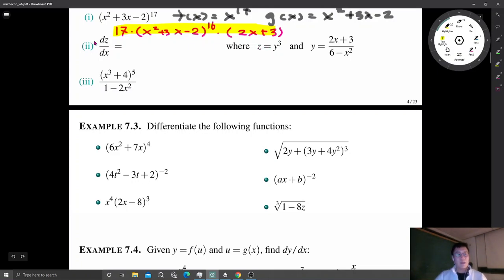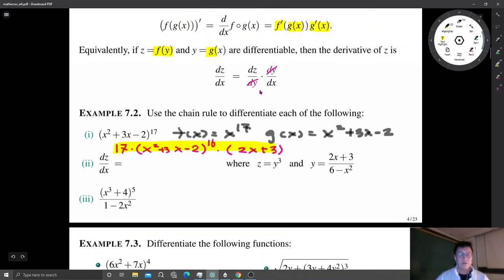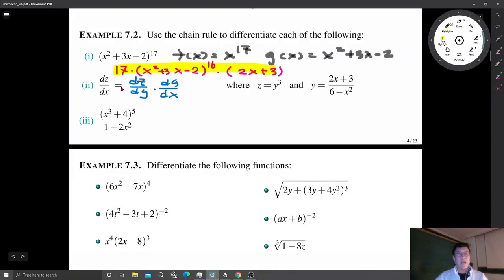So dz over dx, by the second expression of the chain rule, we can decompose into dz over dy times dy over dx. So dz over dx becomes the product of these two instantaneous rates of change.